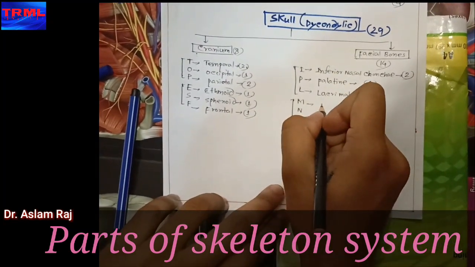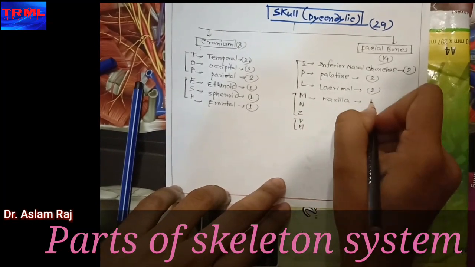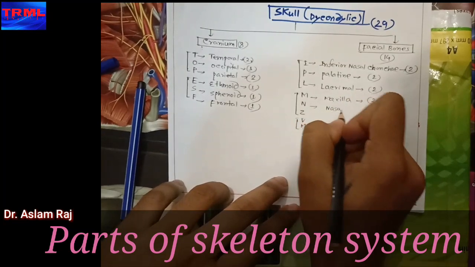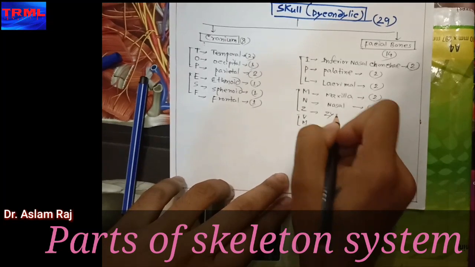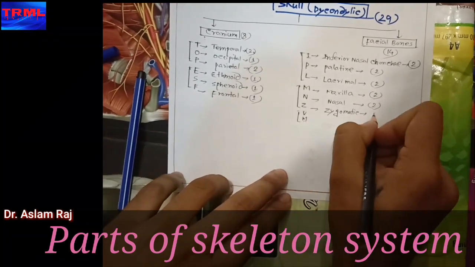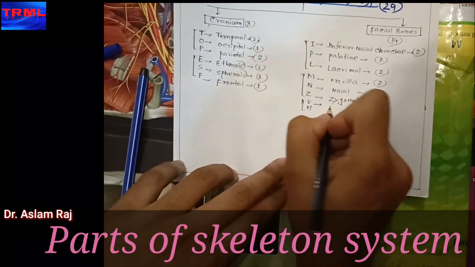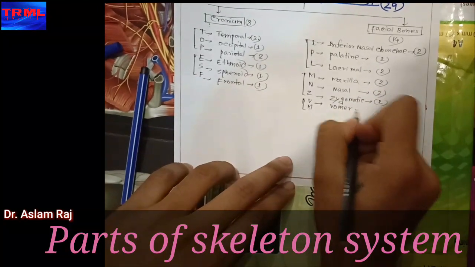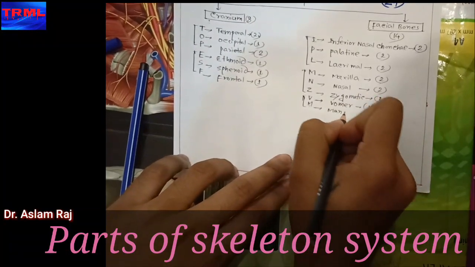Maxilla is also 2 bones. Nasals, 2 bones. Zygomatic, also 2 bones. Then vomer and mandible are single bones, 1 each.